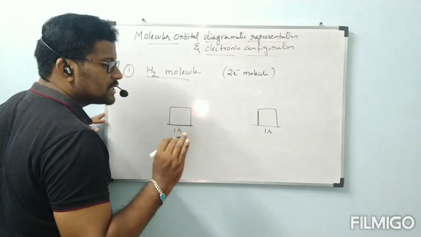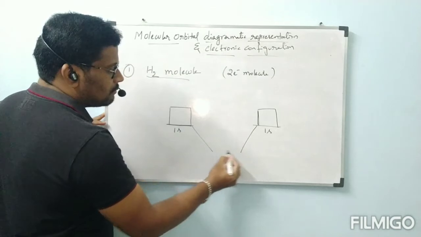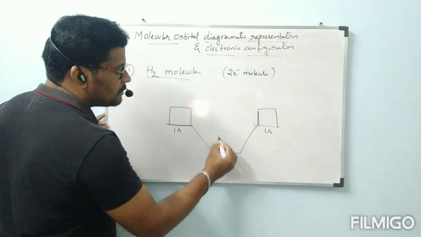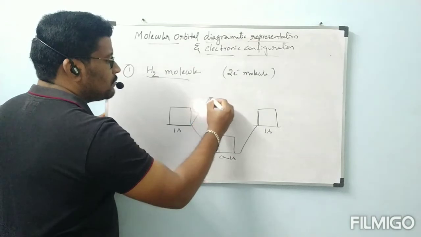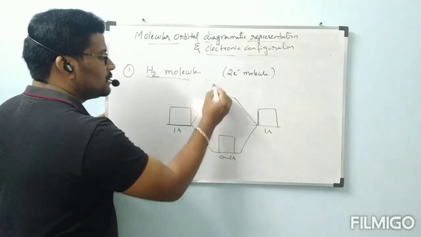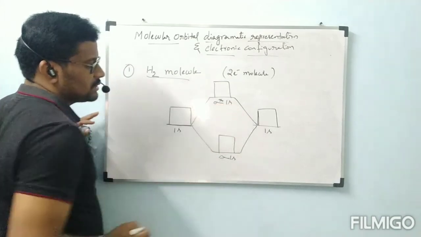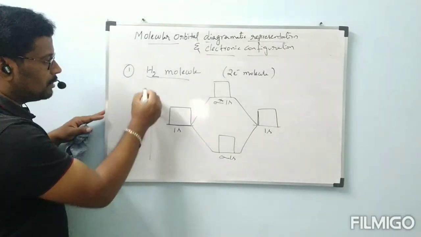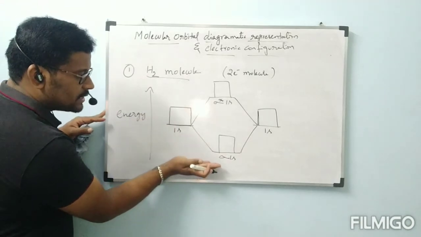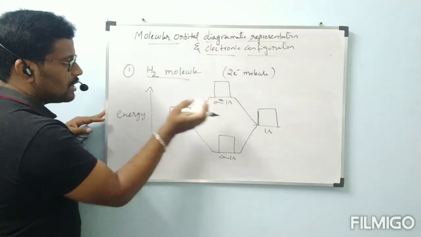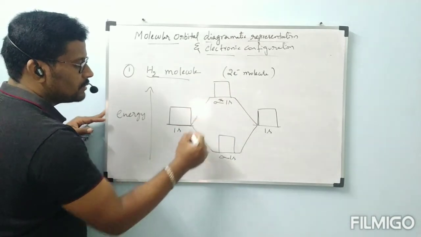Every time no need to write constructive and destructive; you have to remember that the lower one is the bonding molecular orbital, sigma 1s, and the upper one is the anti-bonding molecular orbital, sigma star 1s. Energy increases like this: this is lower energy, next middle, next above, which has higher energy.